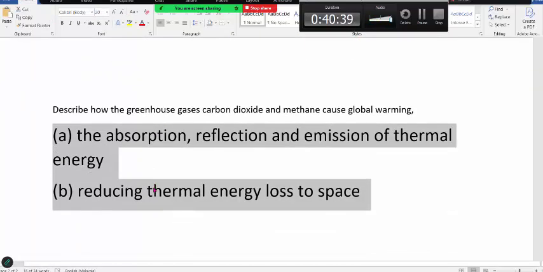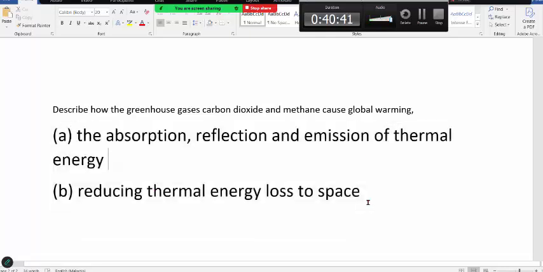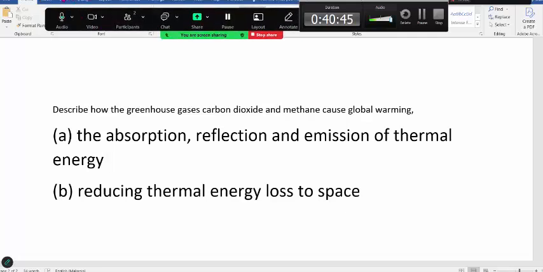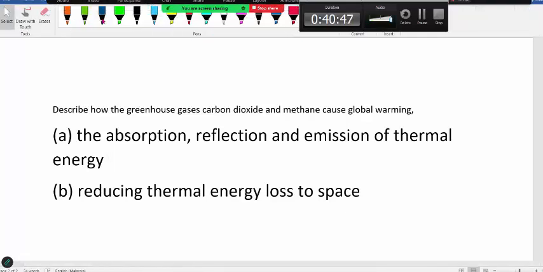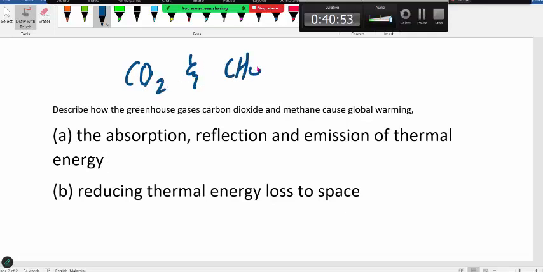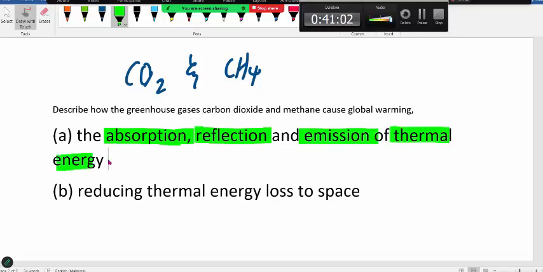So how they cause global warming is the two greenhouse gases, carbon dioxide and methane. They cause the absorption, reflection, and emission of thermal energy.